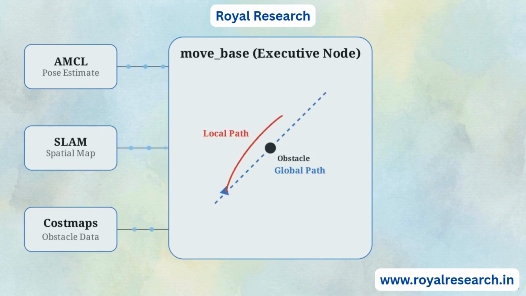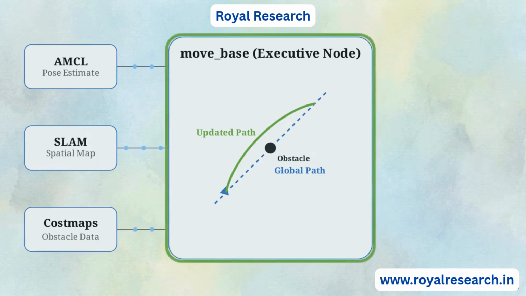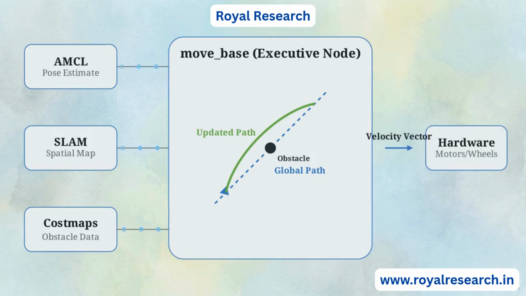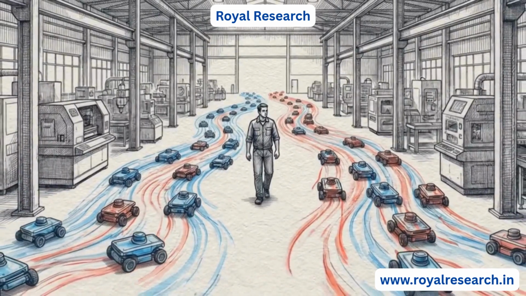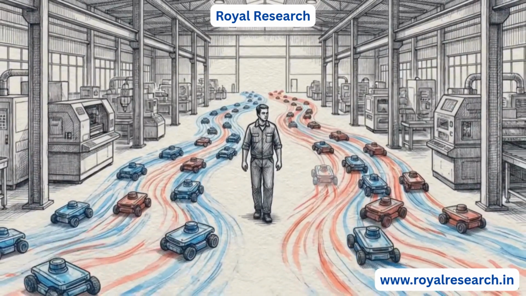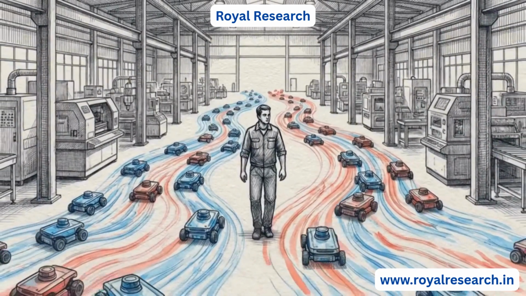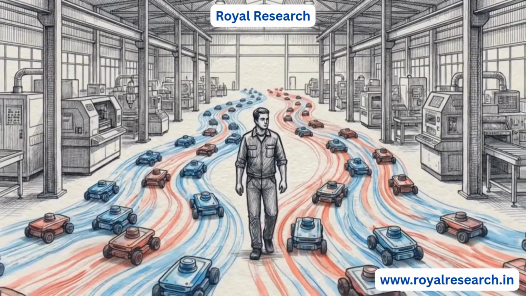Inside the node, a static global route intersects with a shifting local evasion curve, mathematically locking together to form an updated path. The hub pulses, outputting a single velocity vector arrow to the hardware. The synchronization performed by this executive node enables the various subsystems to function as a unified autonomous system.